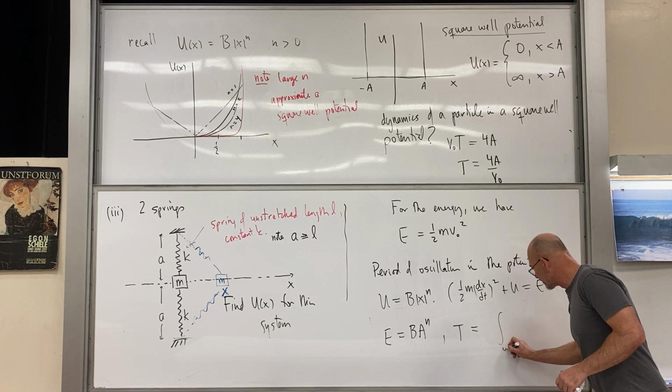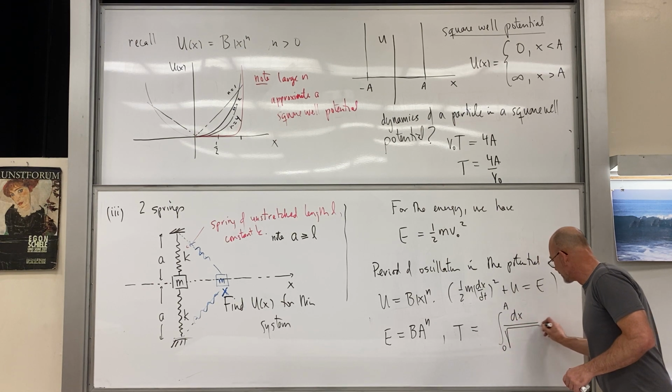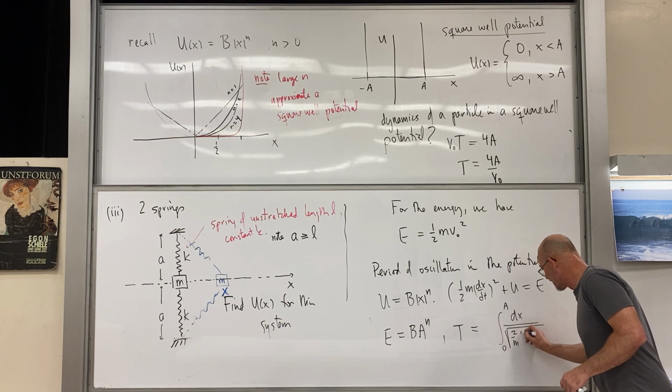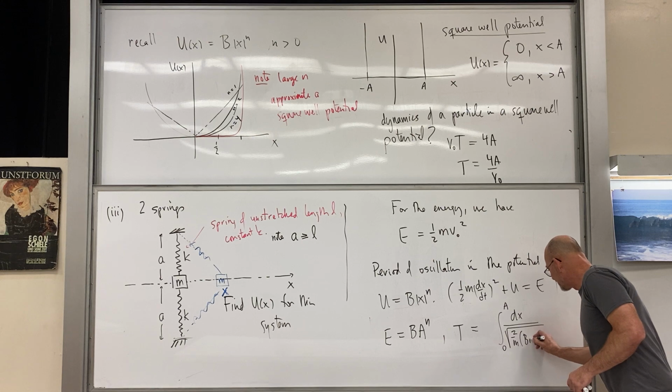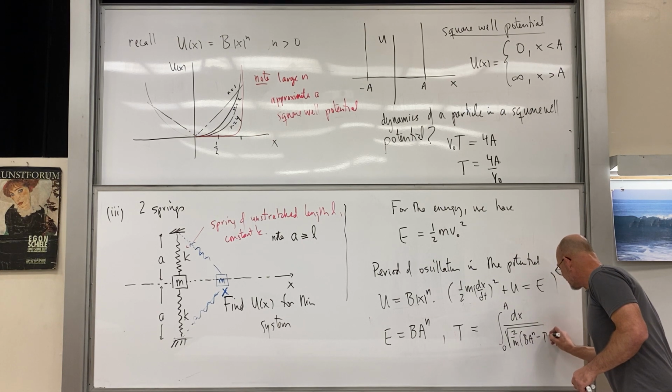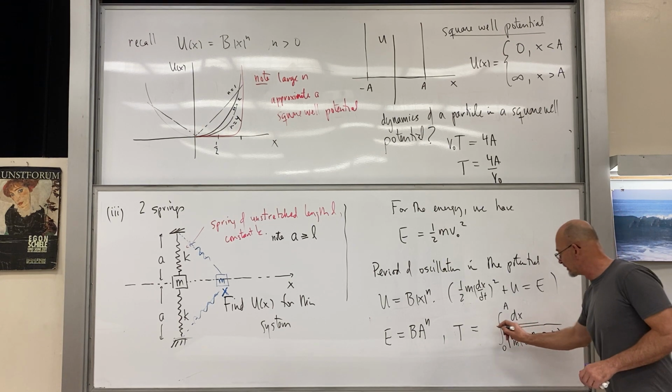We're going to go 0 to A, dx, root 2 over m, and then the energy B A to the n minus B x to the n, because we're just going in the right hand side there, and so we need 4 of these.